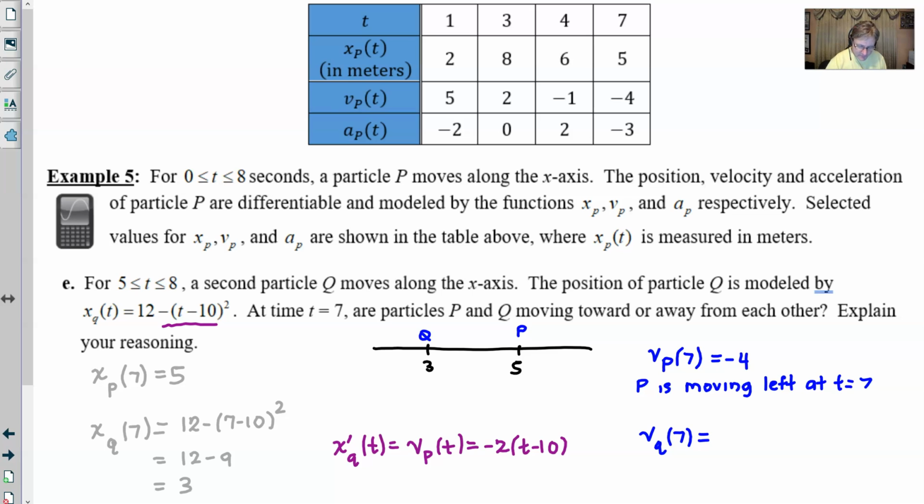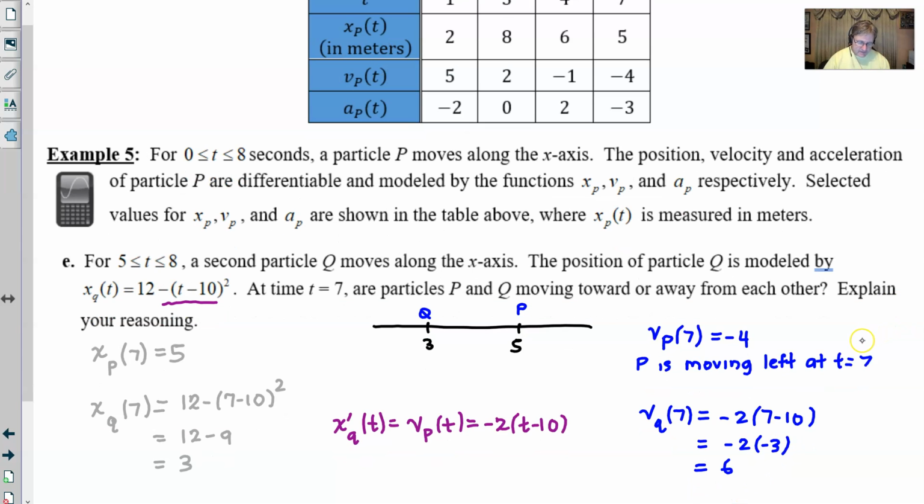So if I want to figure out what is the velocity at time 7, I just merely need to plug 7 in for that t. And this, of course, will give me negative 2 times negative 3, which is a positive 6, which means Q is moving to the right at time 7.